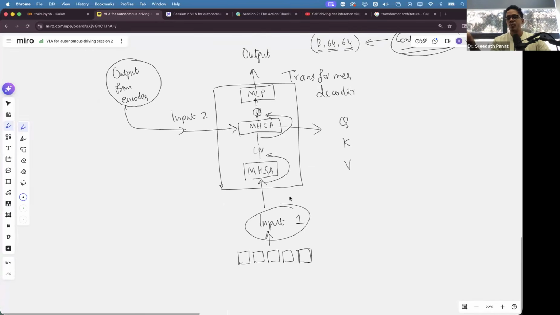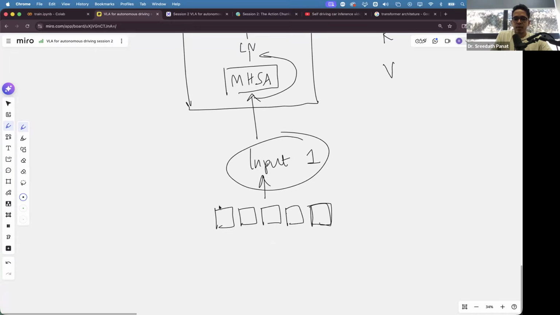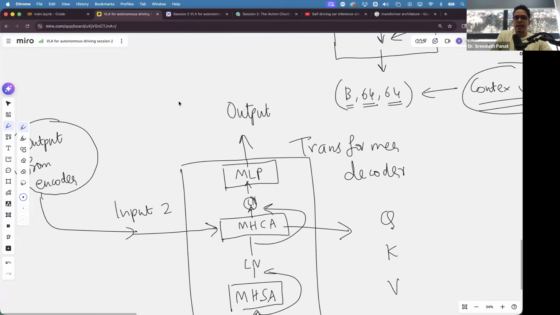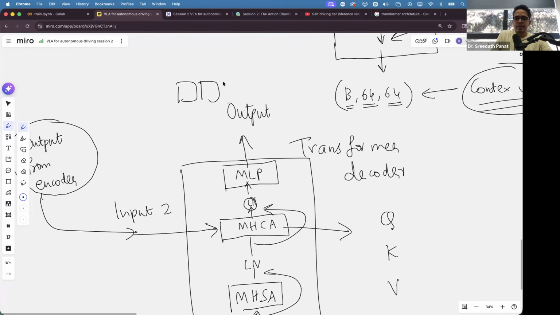You need 5 action tokens, each of dimensionality 4, because forward, left, right, back are 4 actions. I need 5 such tokens at the output also, because my chunk size is 5 in the ACT. If it is 10, I will need 10.